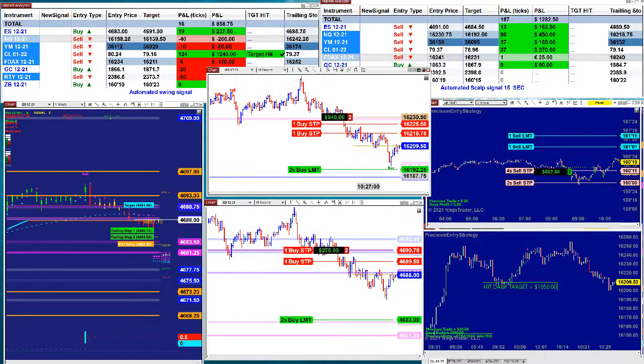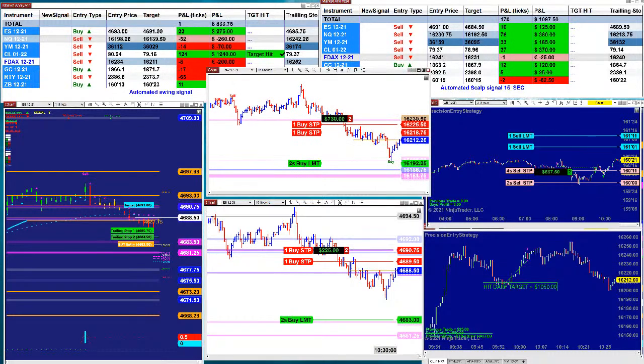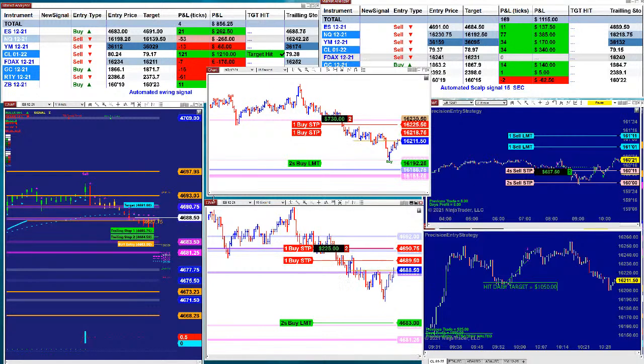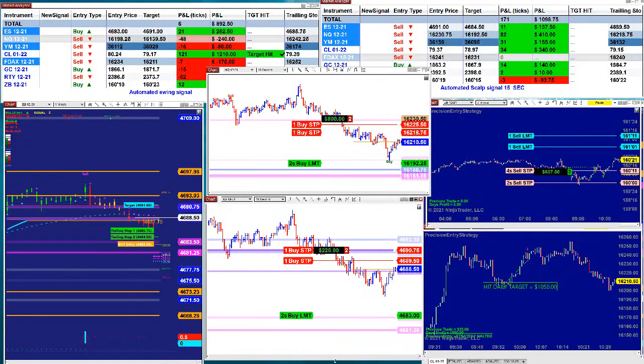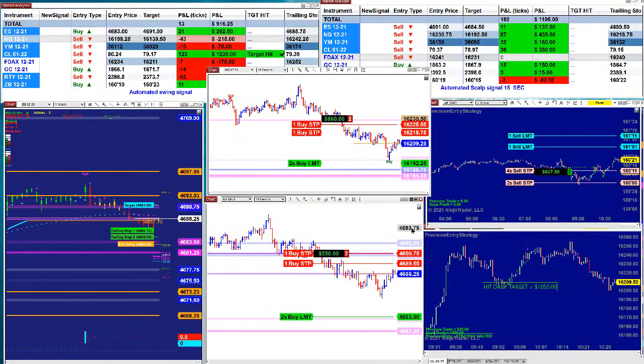So if you are short and you see that one here, it says buy, which means close position. Or you can reverse position if you want to. We'll see.